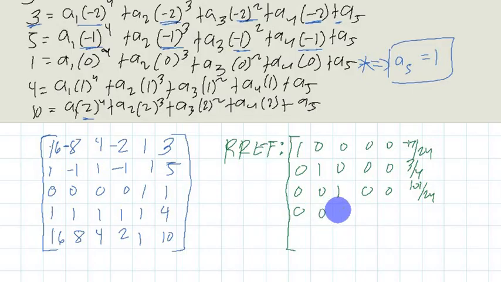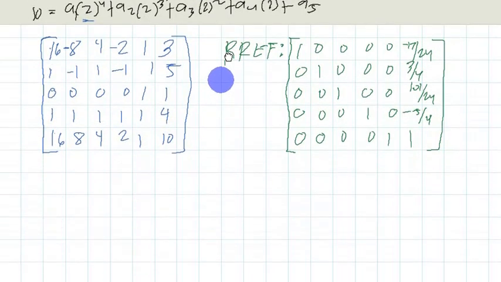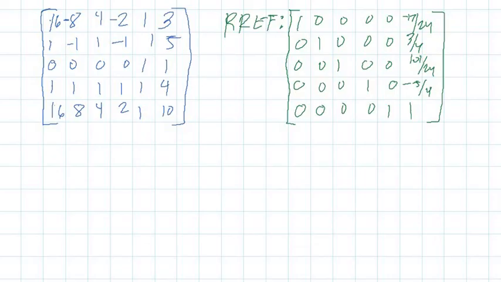The other one would be negative 5 fourths at the end. And the last one, as we already know, is simply 1. Therefore, from the reduced row echelon form, we can now see that the values of our constants are as follows.